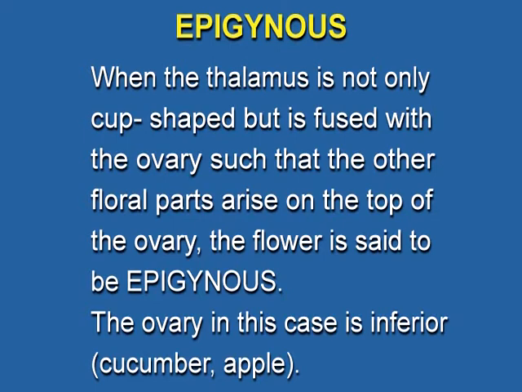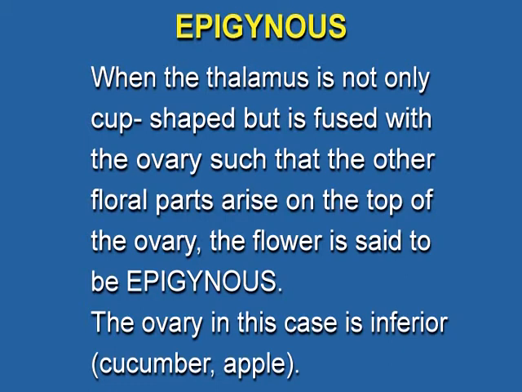Next category is epigynous. Epi means above. When the thalamus is not only cup shaped but is fused with the ovary such that the other floral parts arise on the top of the ovary, that means all other floral parts are produced on the top of the ovary, the flower is said to be epigynous.